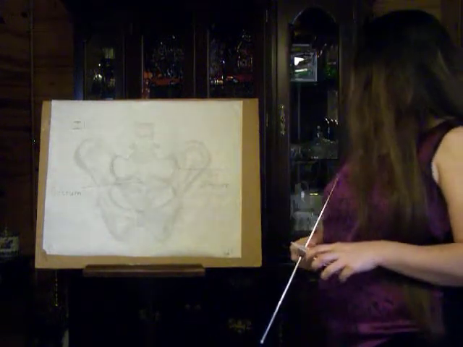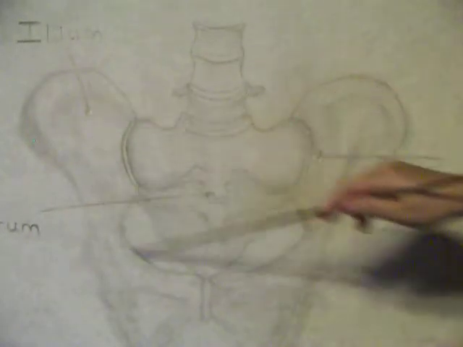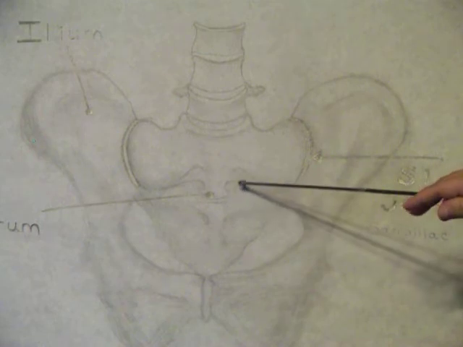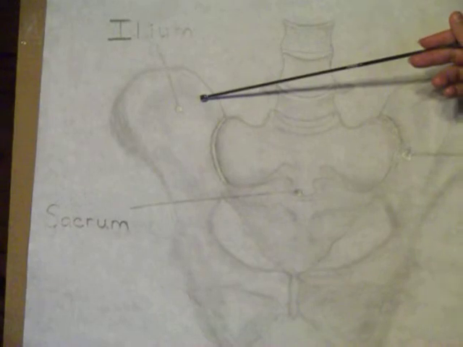I have this diagram here that I've drawn for you, so I can show you exactly what the SI joint is. This is your backbone, and this is your pelvis. It's not a very good depiction from the front to show the sacrum, but obviously this is the ilium.